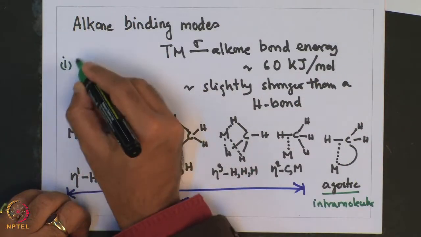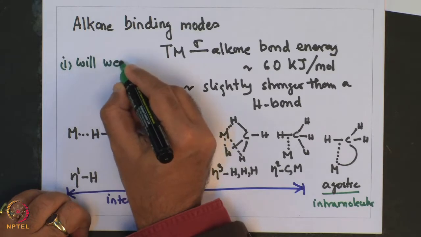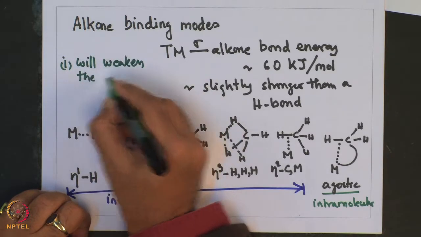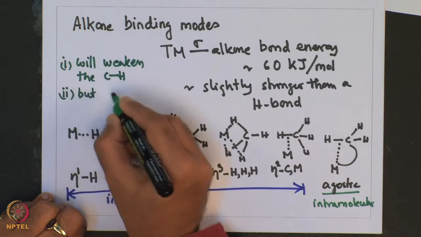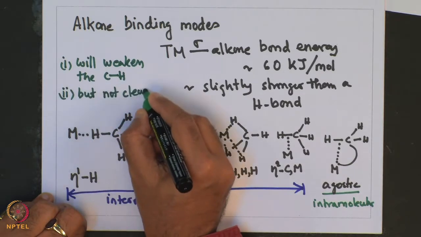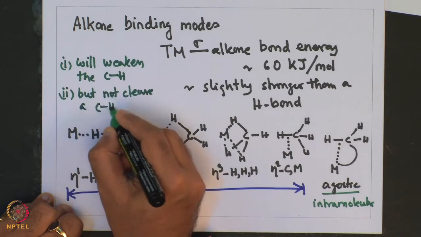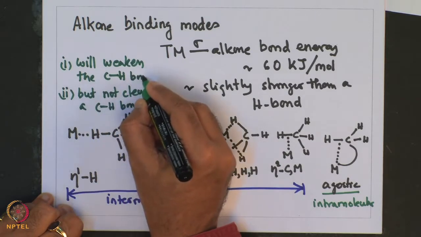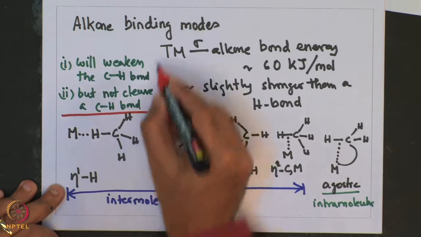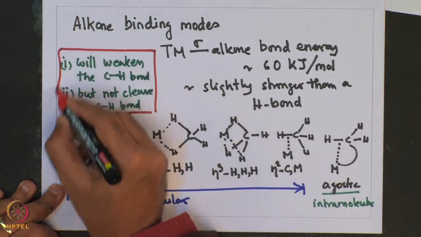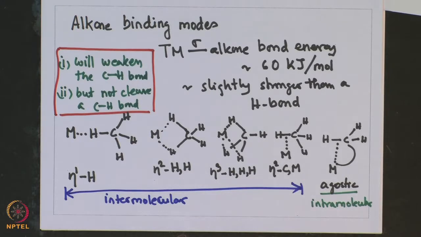Also, all of these interactions will at most weaken the CH bond, but never cleave it, and that can be characterized by various spectroscopic techniques, as we had seen in the case of agostic interaction.